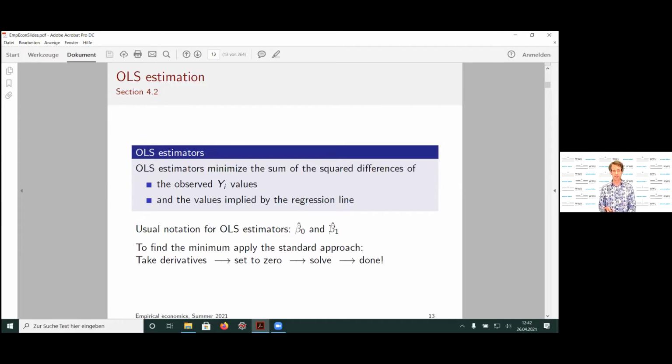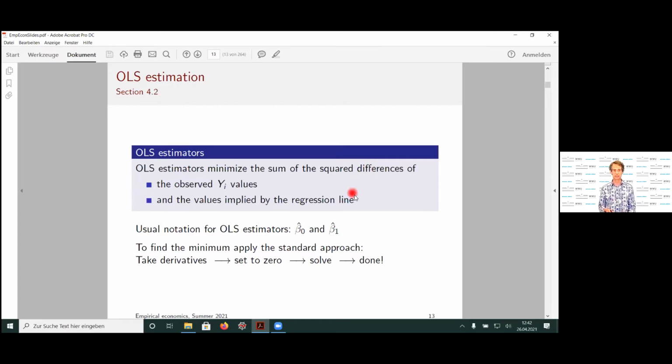Now, I just said that the OLS estimators have a certain property. They minimize the sum of the squared differences. And therefore, to find these estimators is quite simple for economists because minimizing and maximizing is what economists do all the time.